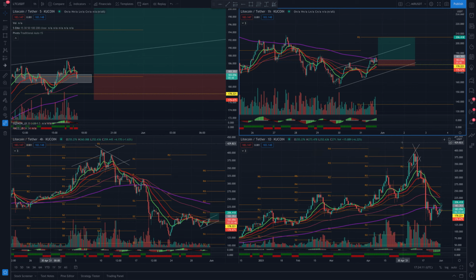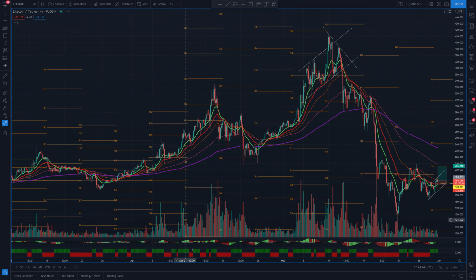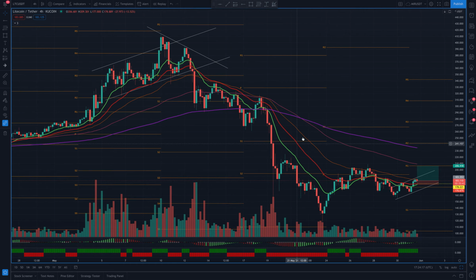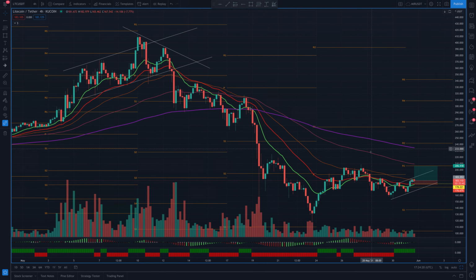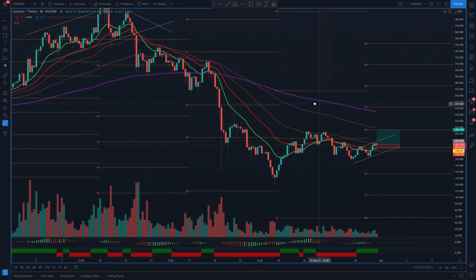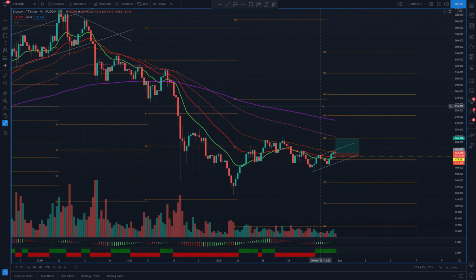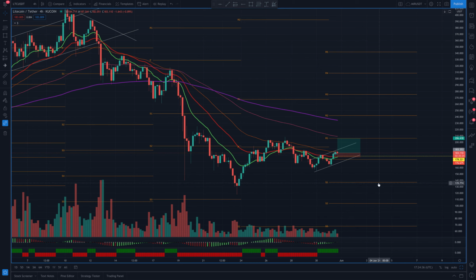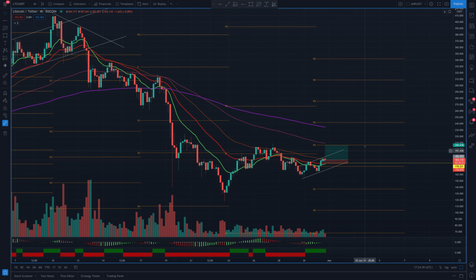What else? Let's check out a wider time frame. Yep, looking good. If you want to be a bit more aggressive and hold for the long term, meaning a couple of weeks up to even months, you could set your take profit at around 309, and you want your entry to be around 164.